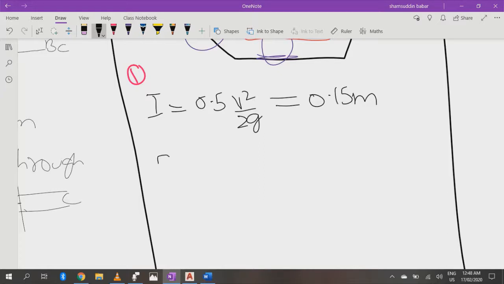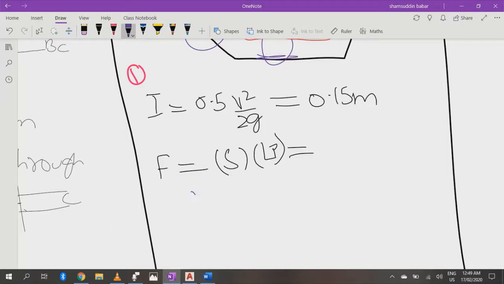Now our second is friction losses. I denote it with F. F is equal to friction losses, and its formula is S into L. Now L is the length of siphon, I can denote it as B, and S is the slope.